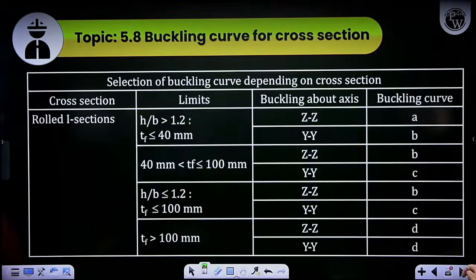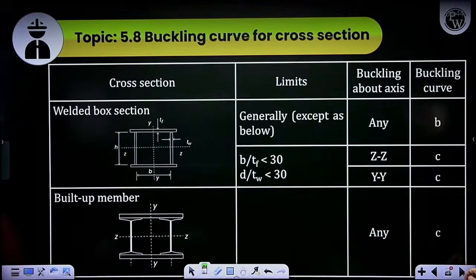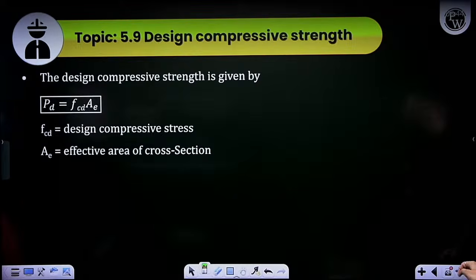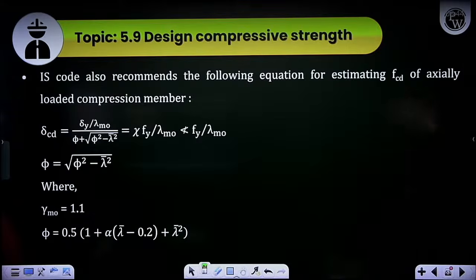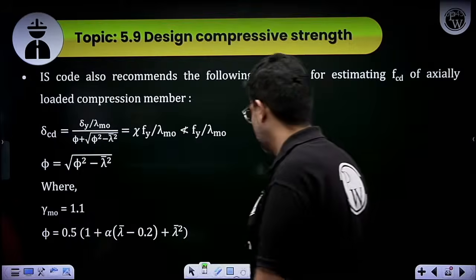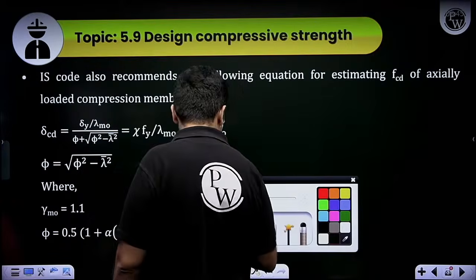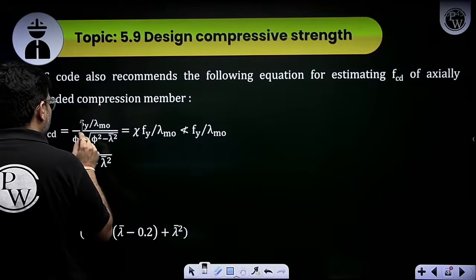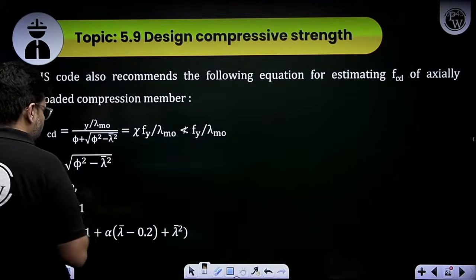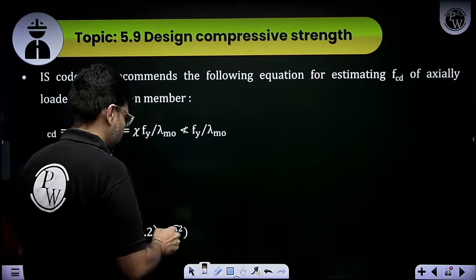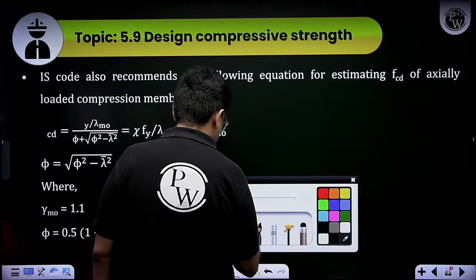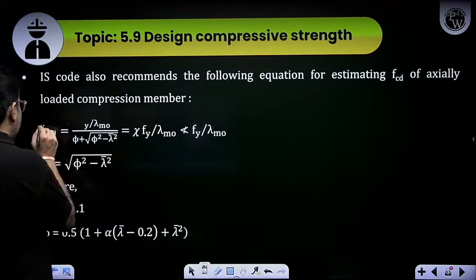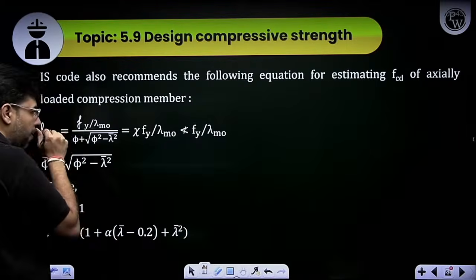And these curves are plotted on the basis of this formula, you can see. This is how curves A, B, C are classified. So this is the formula that was used here. This will be FCD here. Okay.